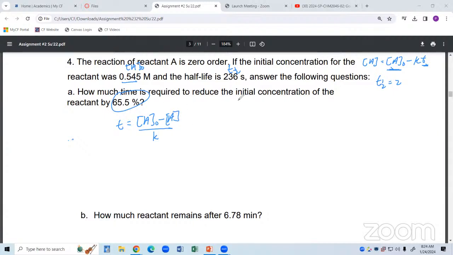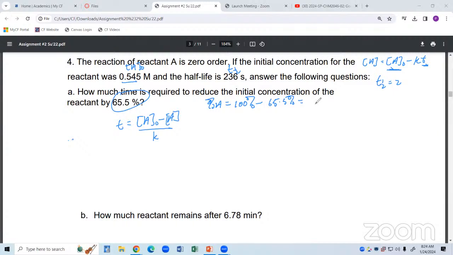The question says that the initial concentration was reduced by 65.5%, which means that the percentage of A remaining would be 100% minus 65.5%, right? So that would be equal to what? 100 minus 65.5.